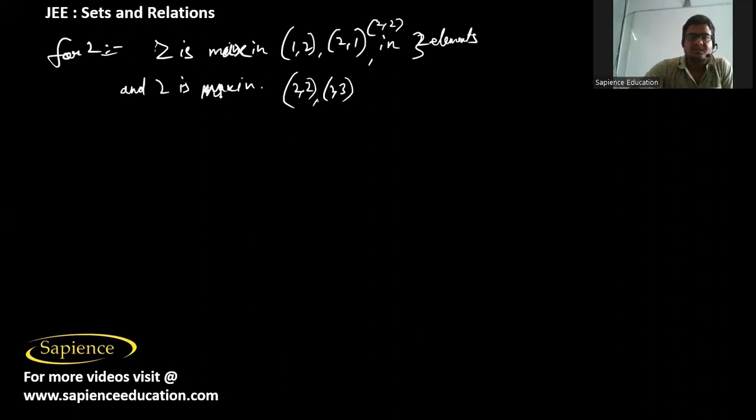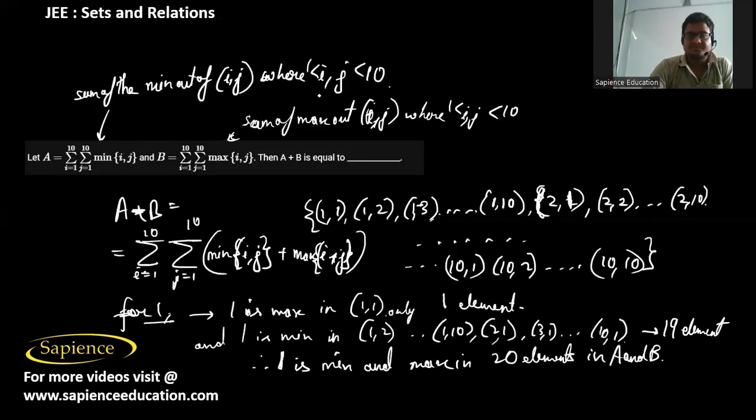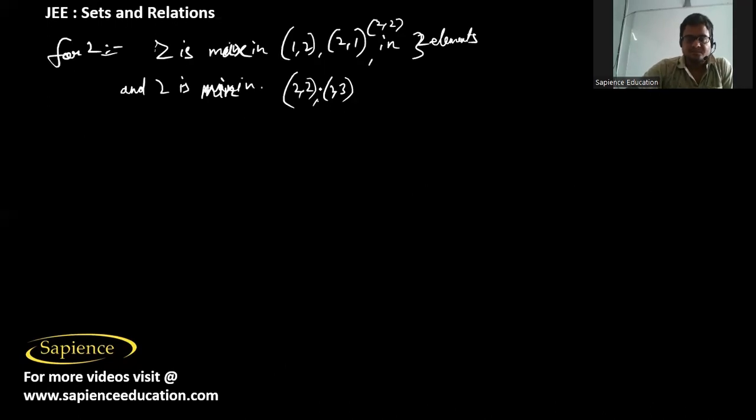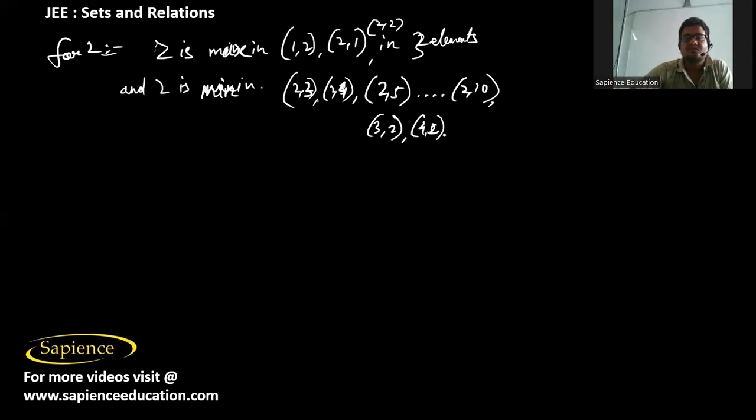And 2 is minimum in (2, 3), in (2, 4), in (2, 5), and then till (2, 10), and also in (3, 2), (4, 2), (5, 2) till (10, 2).